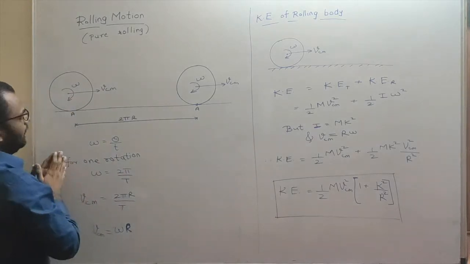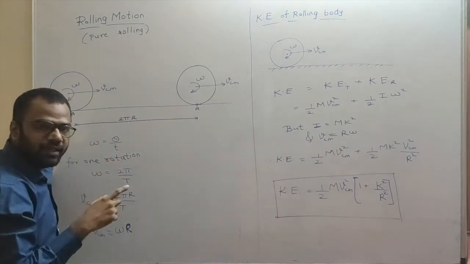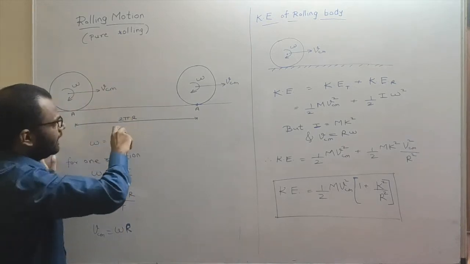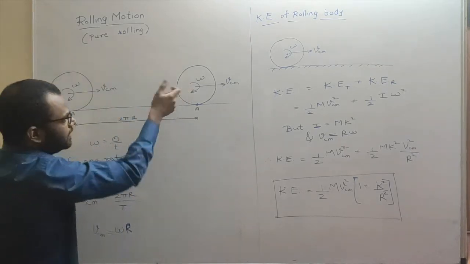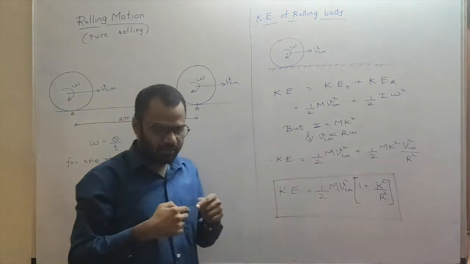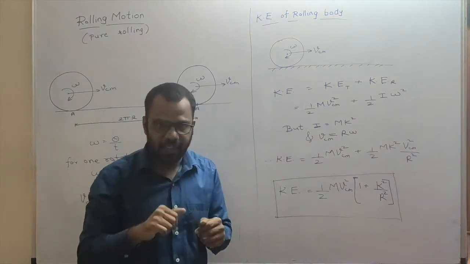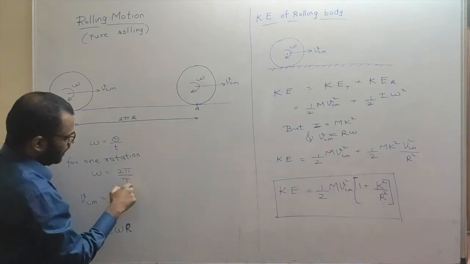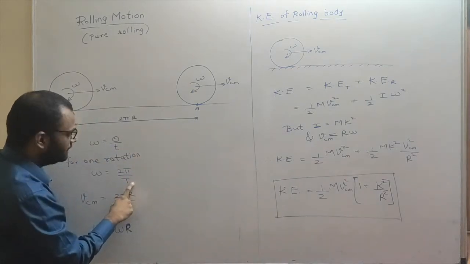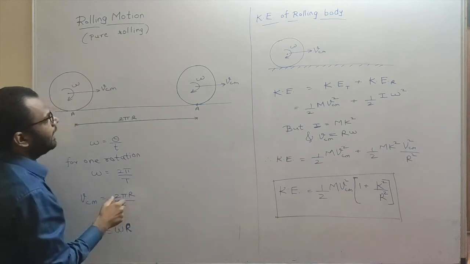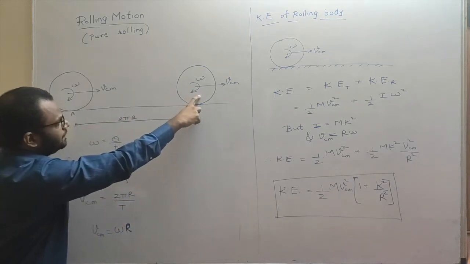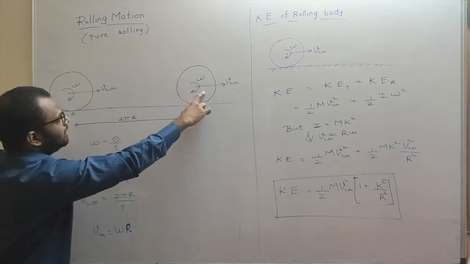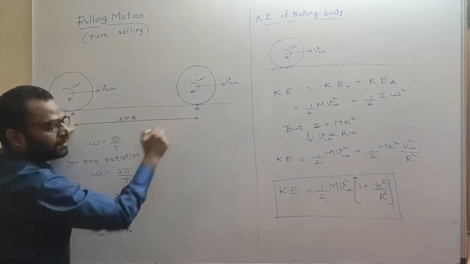Now what is omega? Omega can be written as theta upon t. If I take 2 pi radians, the time taken will be the time period, capital T. So omega will be 2 pi upon capital T. In that time, the translation distance is 2 pi r.